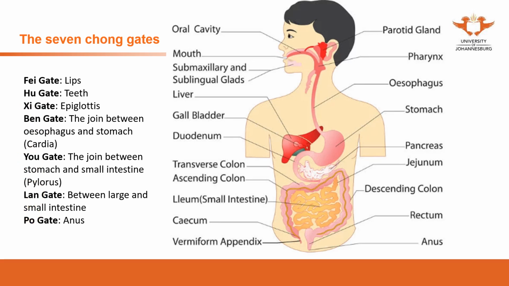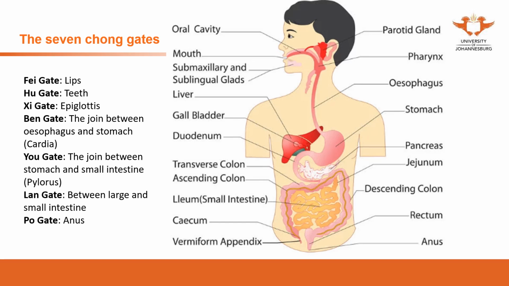So when we introduce these 7 gates, as you can see, that's from the early anatomy. The fei gate refers to the lips. The hu gate refers to the teeth. The xi gate refers to the epiglottis, and ben gate refers to the joint between the esophagus and stomach.